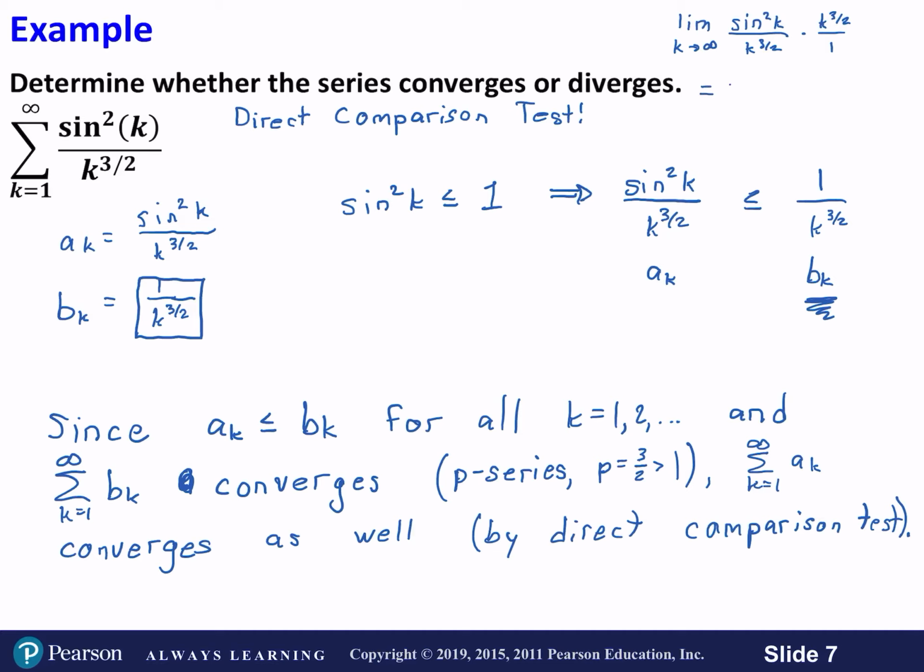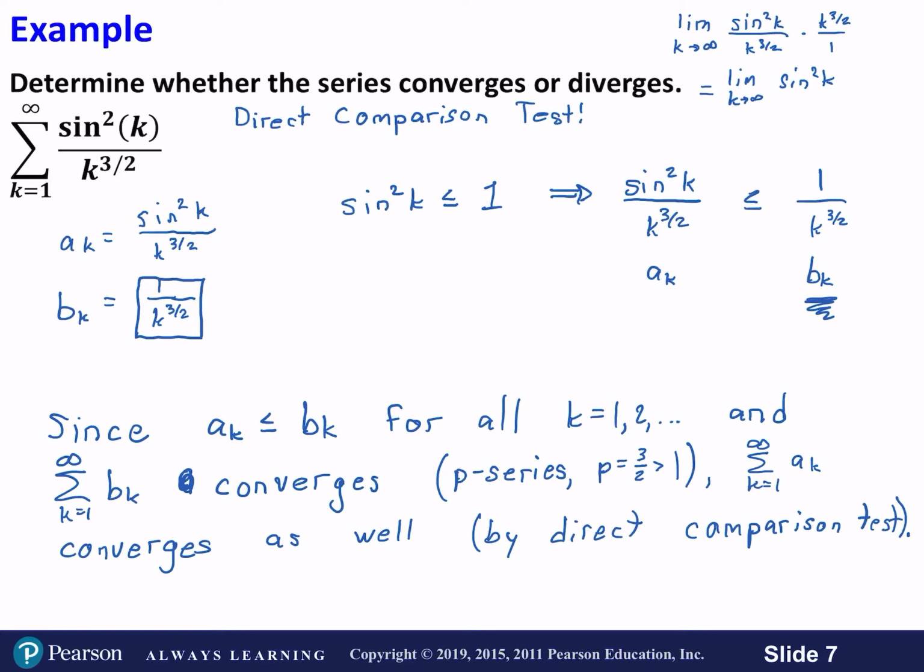And so we would get the limit as k approaches infinity of sine squared of k. And I don't know what that is. In fact, this limit will oscillate forever between 0 and 1. And so we would just end up with no conclusion.